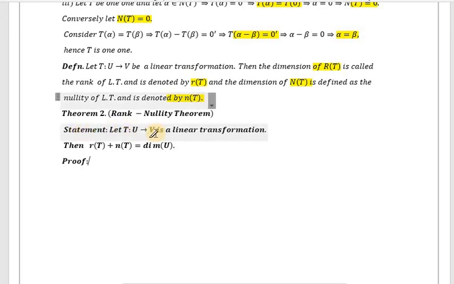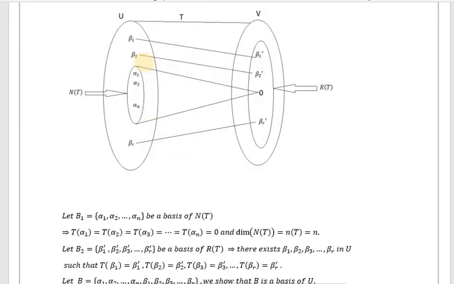Statement: T from U to V is a linear transformation, then prove that rank of T plus nullity of T is equal to dimension of U. So rank plus nullity is equal to the dimension of U. This is N of T, the linear transformation T from U to V, and this is R of T. So T of beta 1 is beta 1', T of beta 2 is beta 2', T of beta r is equal to beta r', T of alpha 1 is 0, T of alpha 2 is 0, T of alpha n is 0.